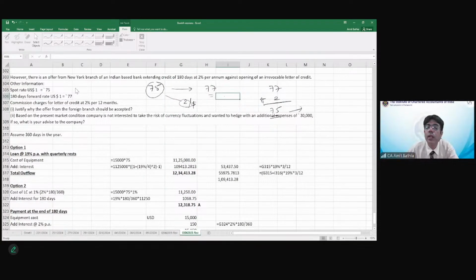What will happen if I take a cover? It's not a receivable. Sorry, my mistake. It is a payable. So what happens?